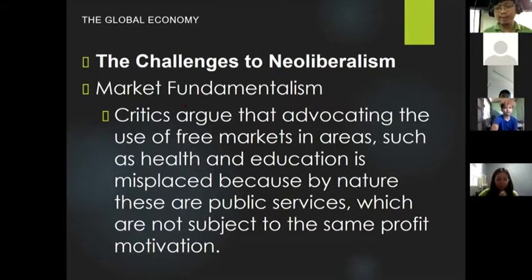So itong mga businessmen na to, they took over public services and then sinisingil nila tayo and they gain profit. No? So this should be public services. This should be free. Ang tawag doon ay market fundamentalism.